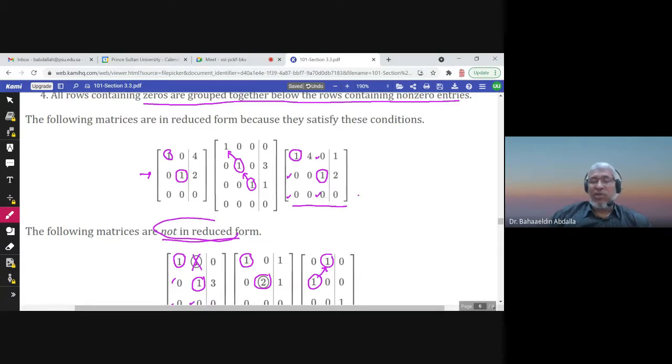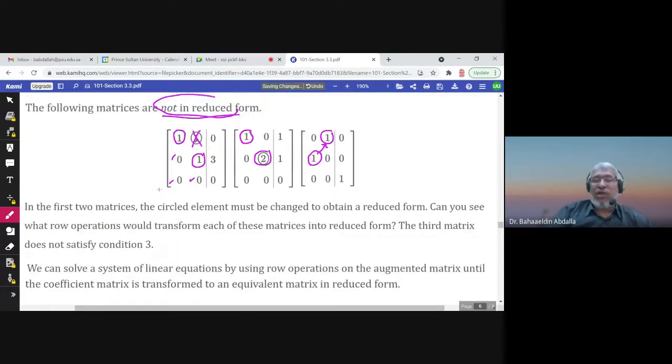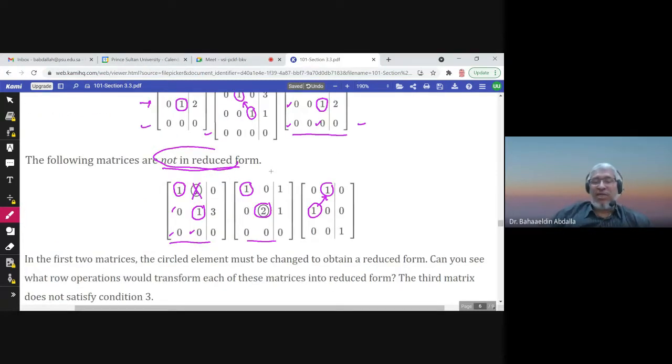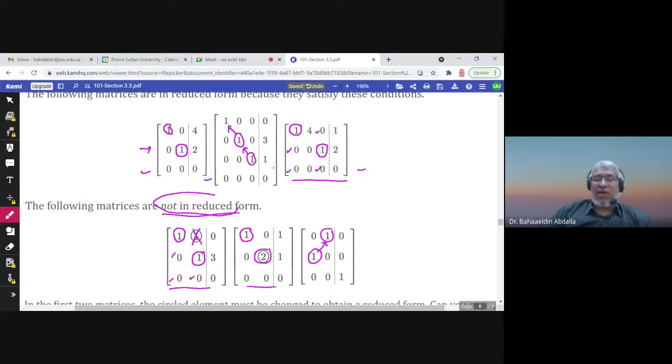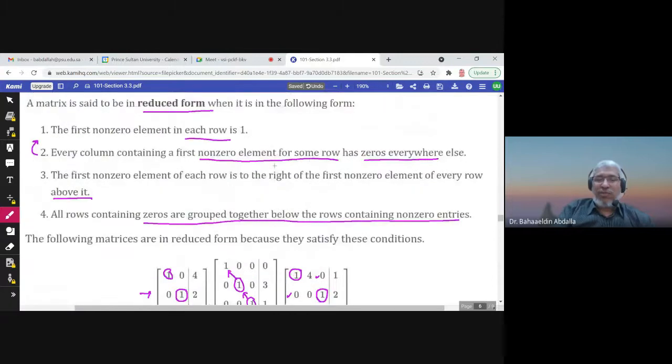So this is okay, this is okay, this is okay, and also here, this condition is okay, but there are other conditions not satisfied, and that's why these three matrices are not in reduced form, while these matrices are in reduced form.